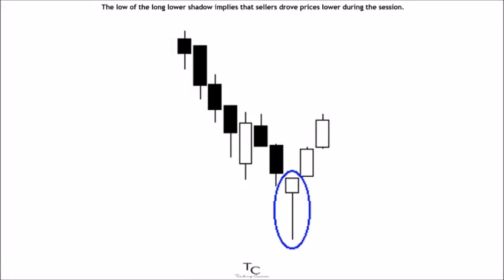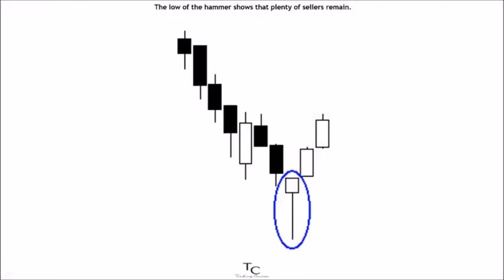The low of the long lower shadow implies that sellers drove prices lower during the session. However, the strong finish indicates that buyers regained their footing to end the session on a strong note. While this may seem like enough to act on, hammers require further bullish confirmation.